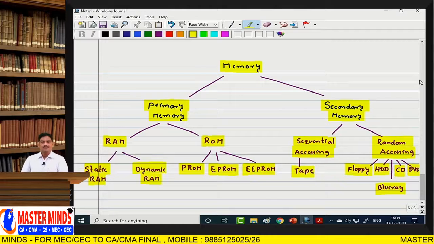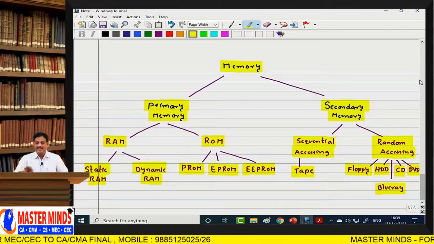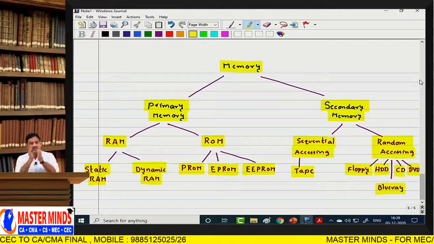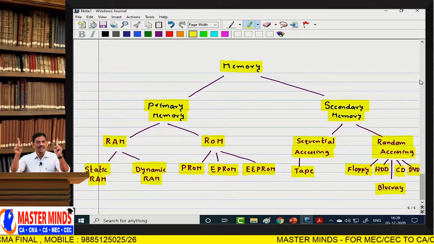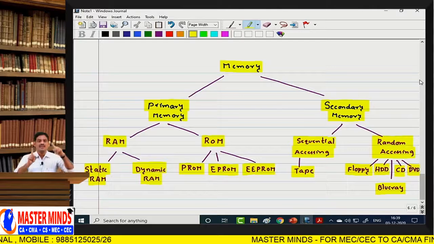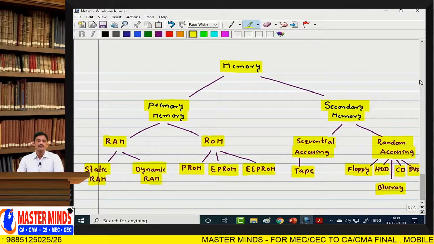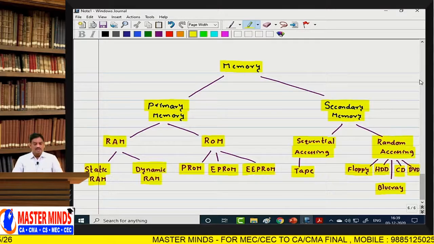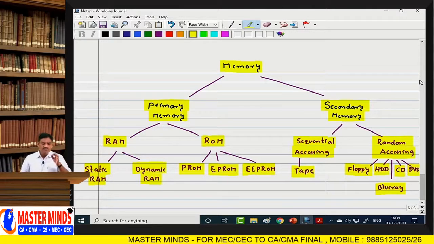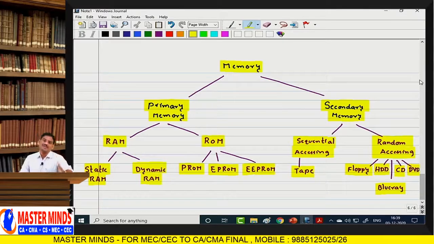Memory is an area where we can store data or instructions, either permanently or temporarily. There are two categories of memories. Number one, primary. Second one, secondary. Now, let us see what random access memory is. This random access memory, or RAM, is a read-write memory.